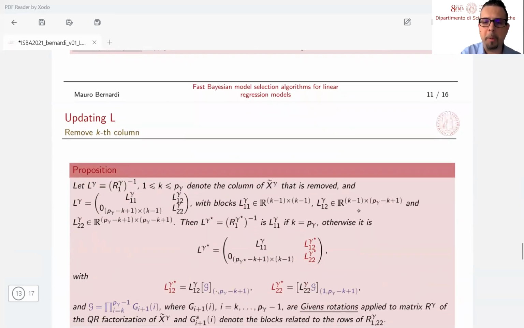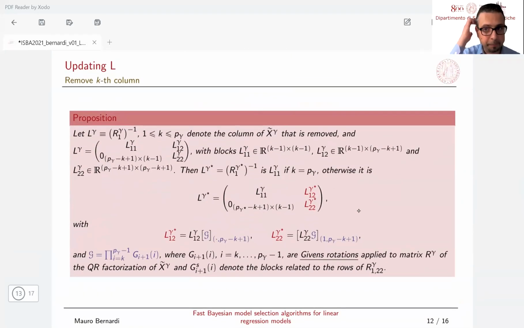When we move to the problem of computing the new L matrix when a column is deleted, the computational task is a little bit more involved, in the sense that it requires the computation of all the columns from the kth one to the last one.